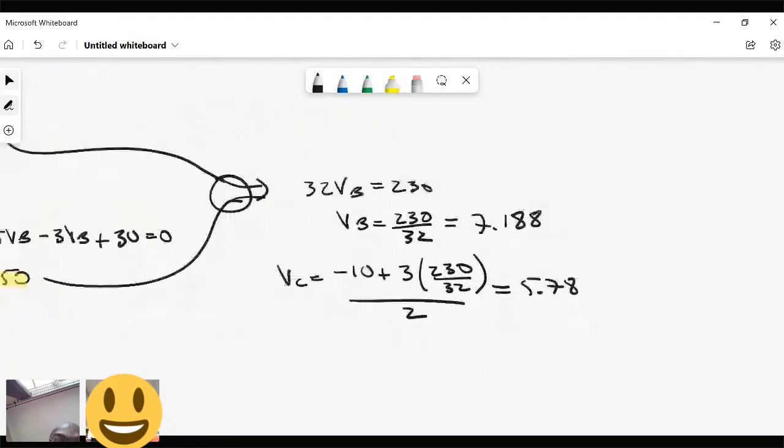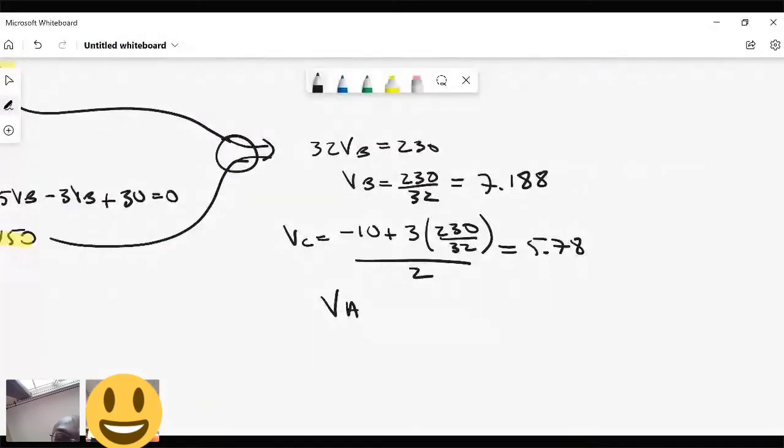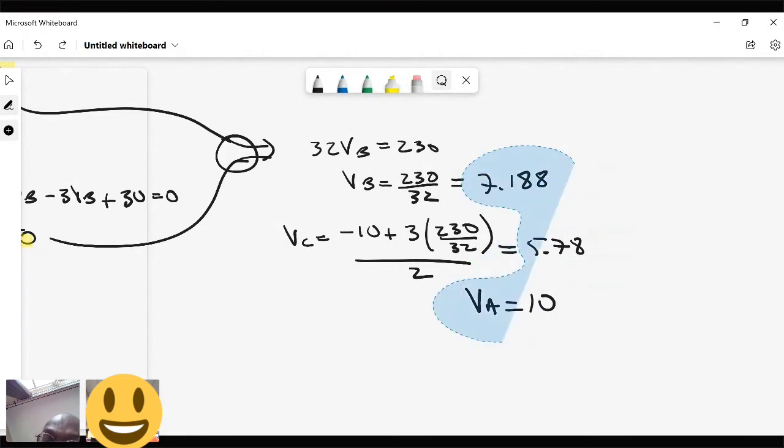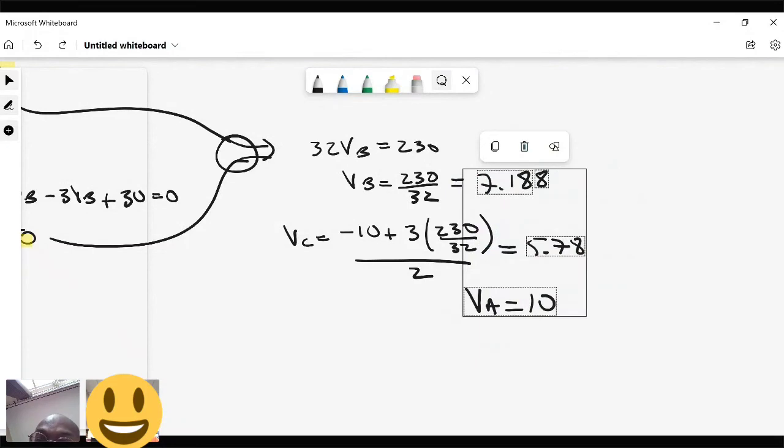So now I know VA equals 10, VB equals 7.188. I'm having trouble moving this over; I'm going to have to switch my program because it used to work a lot better.